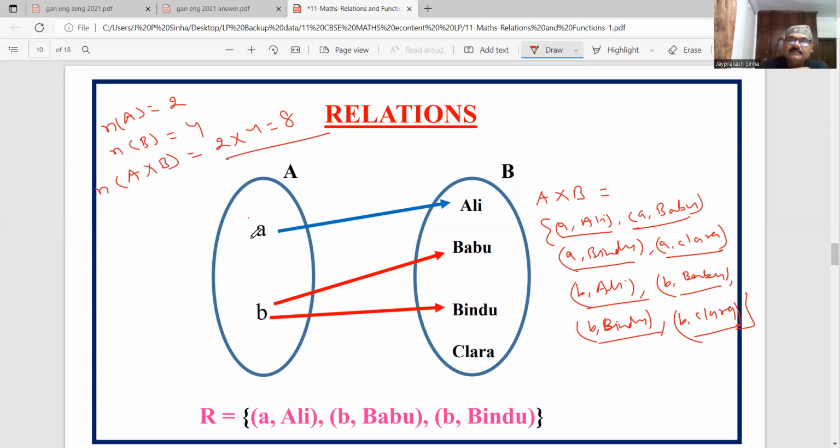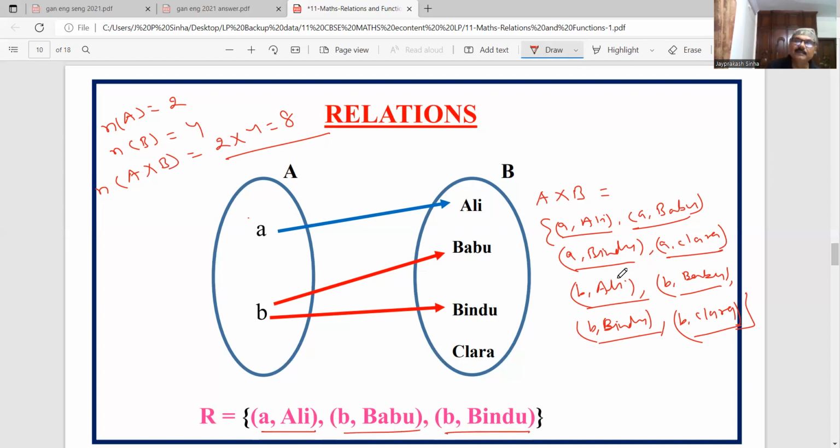A. For Babu and Bindu the first letter is B. For C there is no element here. So we can only relate A with Ali, B with Babu, and B with Bindu. So what will be the elements of this relation from A to B? A Ali, B Babu, and B Bindu.